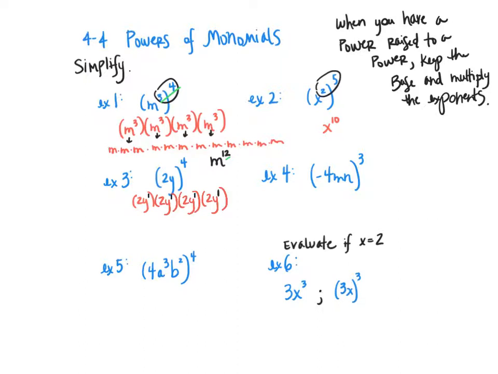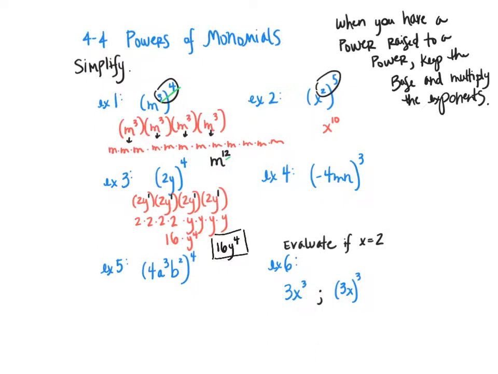And I can also multiply in any order. So if I wanted to rewrite this, put all my 2's together, all my y's together, I can. So 2 to the 4th power is going to be 16, and then y to the 4th power is y to the 4th. Now that will simplify if I keep going to 16y to the 4th.